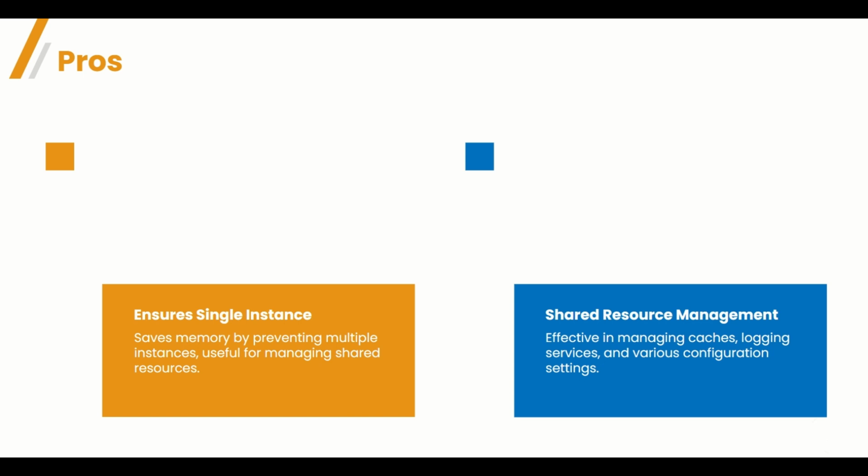From a practical point of view, you can implement your cache so that it effectively uses a singleton, and there are multiple points in the application accessing the same cache through the singleton, and the same goes for logging and configuration settings as well.